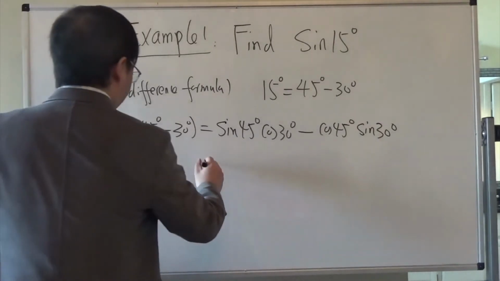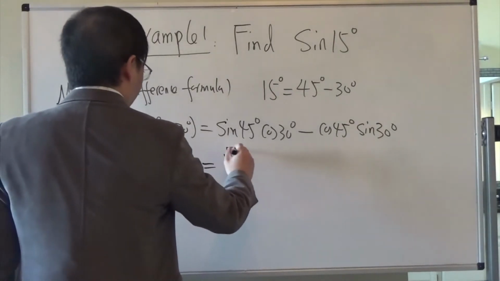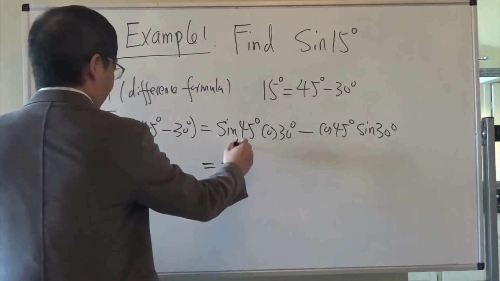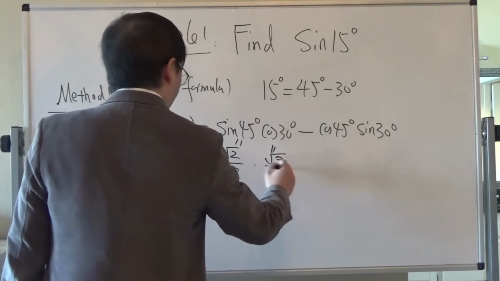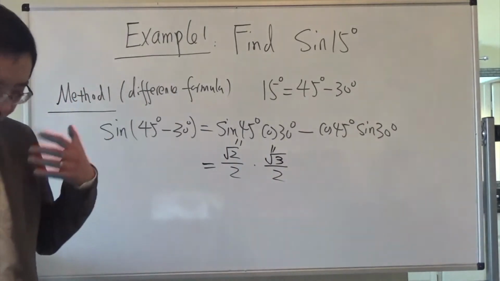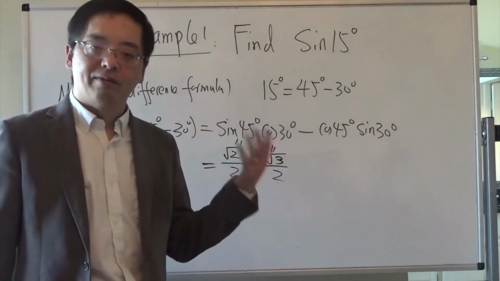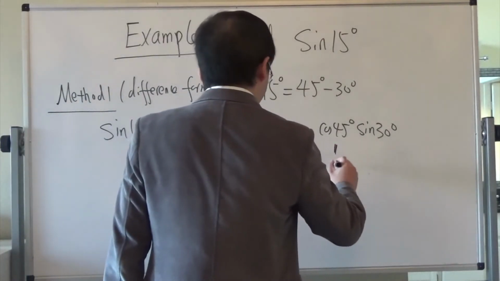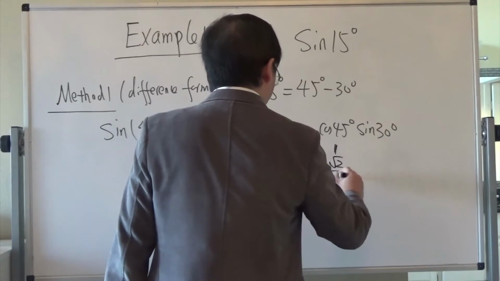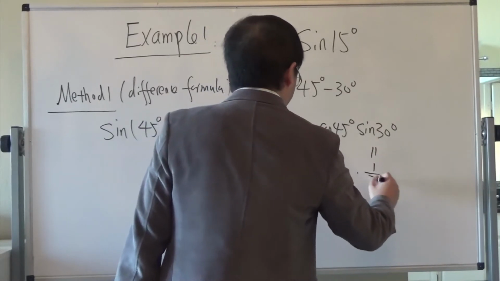Okay, let's plug in. This is square root 2 over 2, that's sine 45. And this is square root 3 over 2, that's cosine 30. We need to memorize sine and cosine values of those special angles. And then minus, cosine 45 is also square root 2 over 2, and sine 30 is 1 over 2.